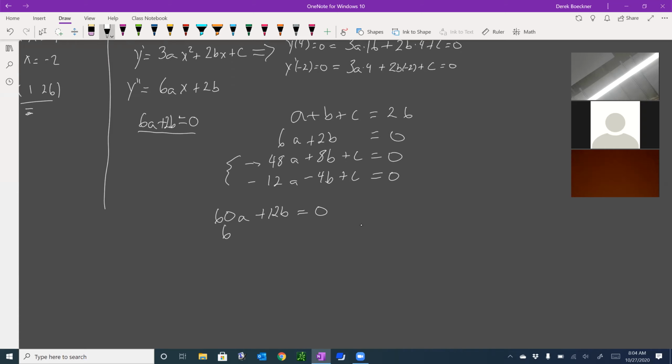And I have 6a plus 2b equals 0. Yep. All right, so we'll take 10 times this and take it away. We're going to end up with b equals 0 and a equals 0, aren't we? That's no good.